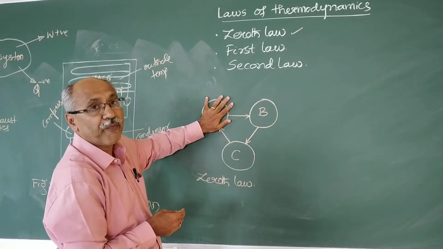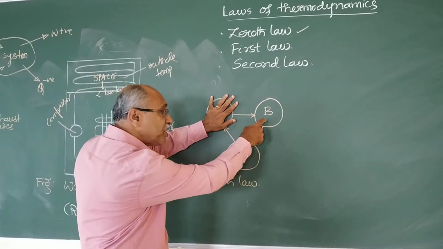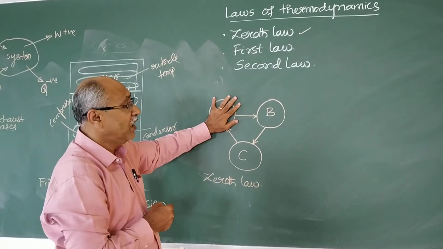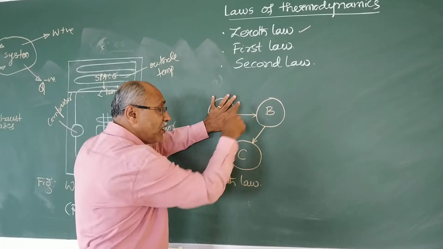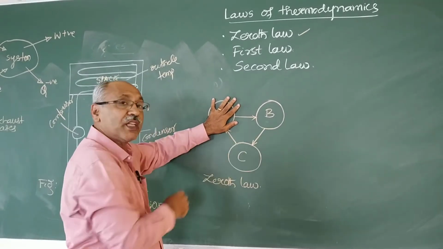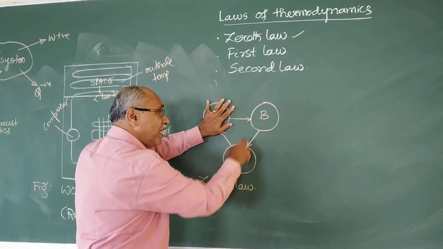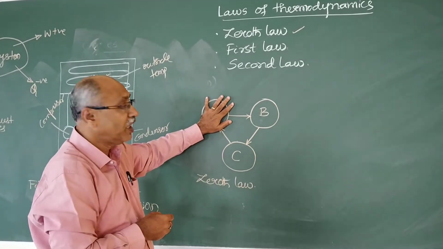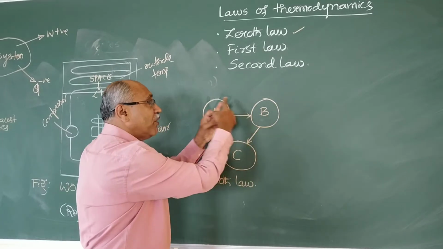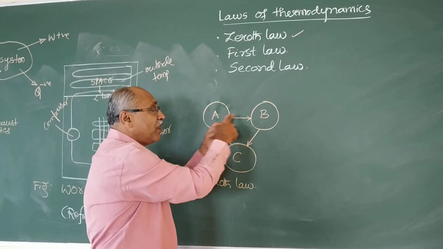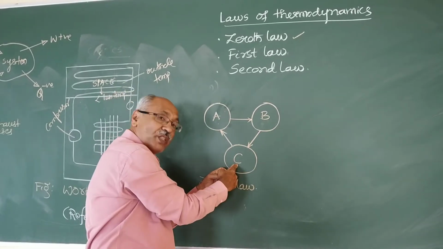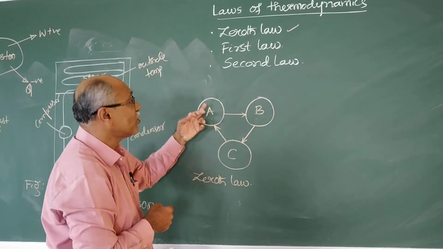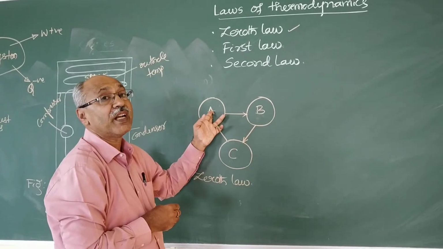Now forget about A. Consider these two, B and C. Let us also assume that B is in thermal equilibrium with C. That means after heat interaction, both have achieved thermal equilibrium. That means B is in thermal equilibrium with A, and B is also in thermal equilibrium with C. Then obviously the system C will also be in equilibrium with A automatically.